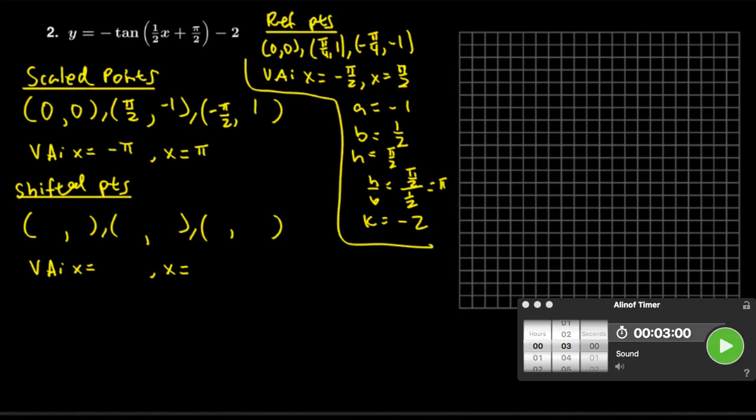And then shifted points. Here we have h over b equals pi. So we're gonna, oh, actually, sorry, that's -pi, because that's a plus there. So that means it's minus -pi over 2. So we're going to subtract pi from all of the x values.